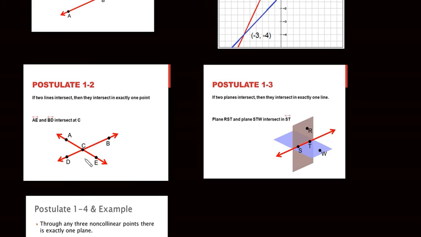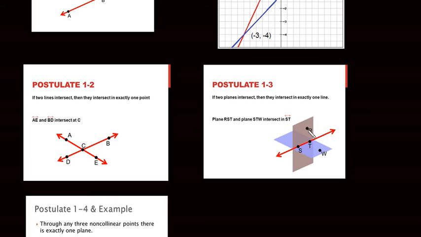Very simple. Postulate 1.3 deals with planes. If two planes intersect, as they are right here, you can see they intersect in exactly one line. There's the line where they intersect. So plane RST, remember we want non-collinear points.